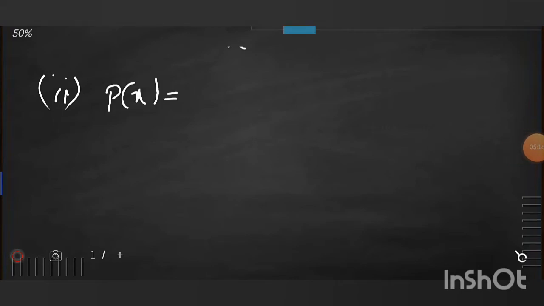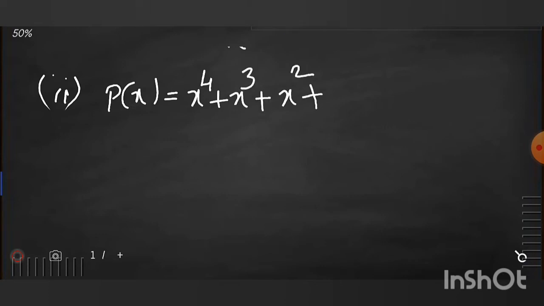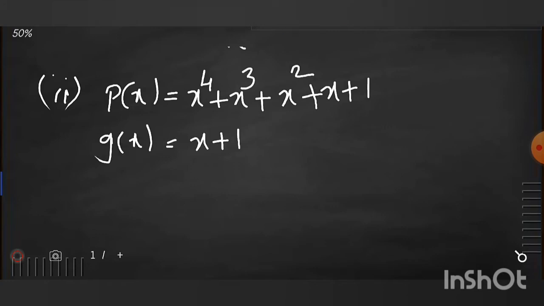Now let us see the second problem. In that, let us take p of x equals x power 4 plus x cube plus x square plus x plus 1. This is the given p of x, and g of x will be x plus 1.